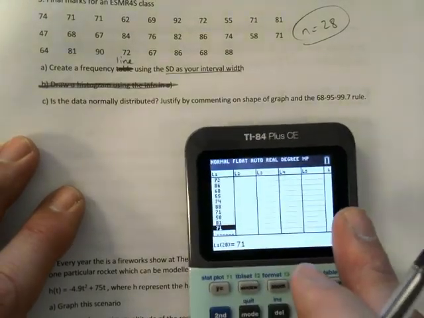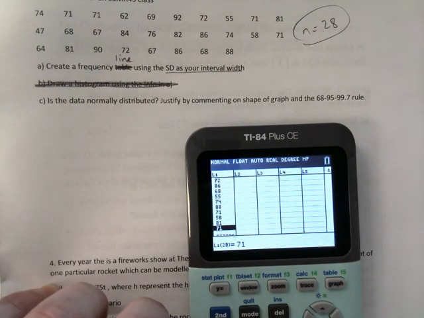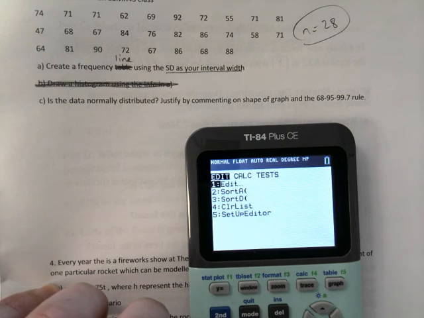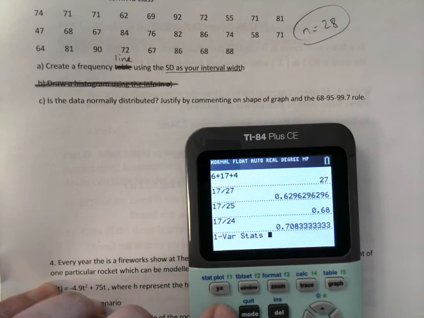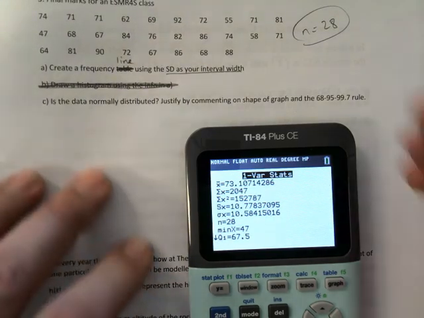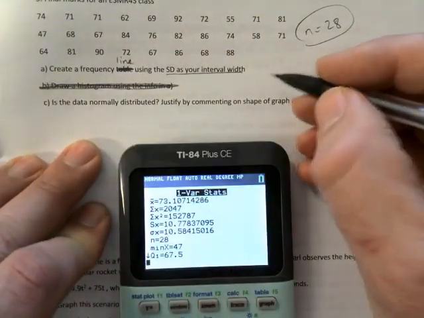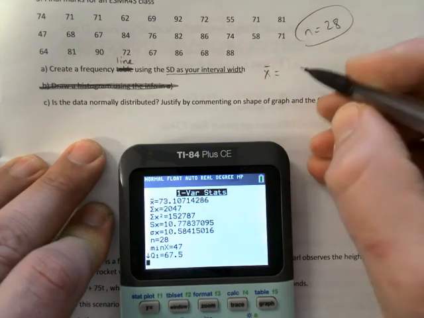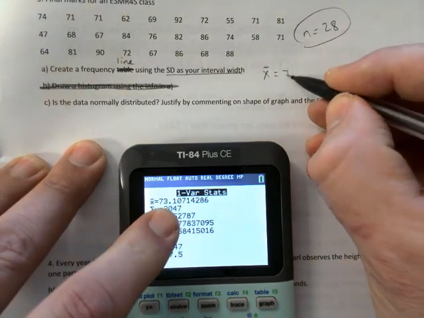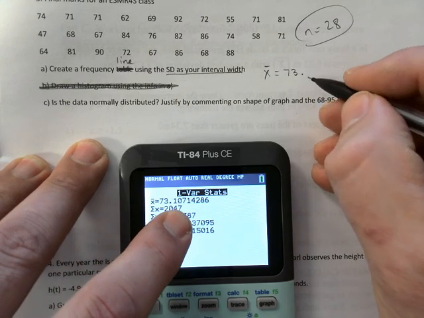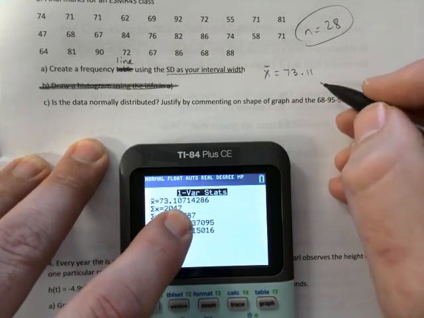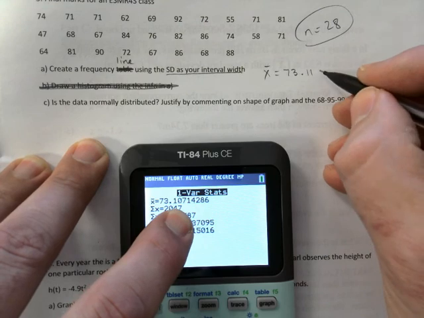So let's go ahead and find our mean, because step one is finding mean and standard deviation. So I'm going to calculate one variable stat. It's just L1. And so the mean is 70. Is that what we're getting? Are you getting that as well? 73.11, and that's percent, right?